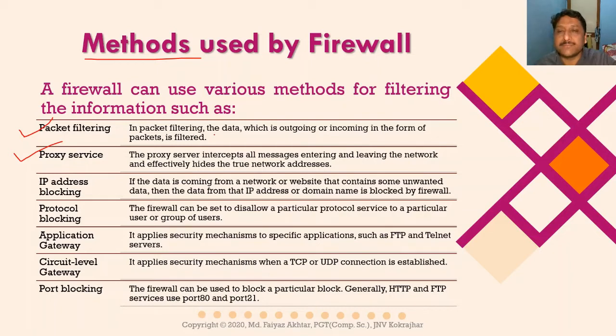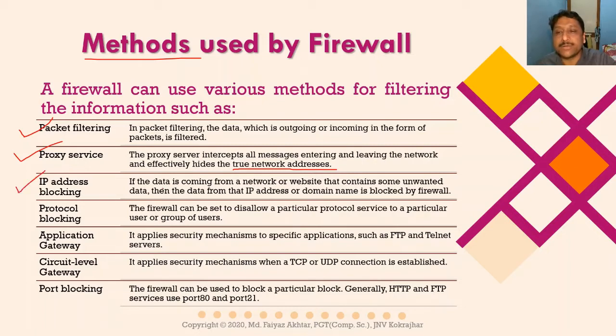Packet filtering means each and every data packet can be filtered. Outgoing and incoming packets are filtered. Proxy service: the proxy server intercepts all messages entering and leaving the network, and it effectively hides the true network addresses. True network addresses can be hidden with the help of proxy services.